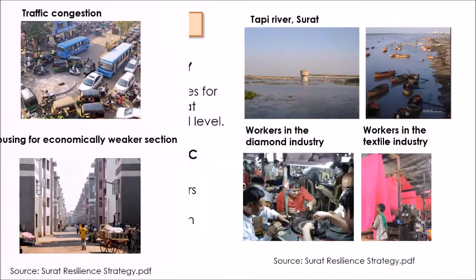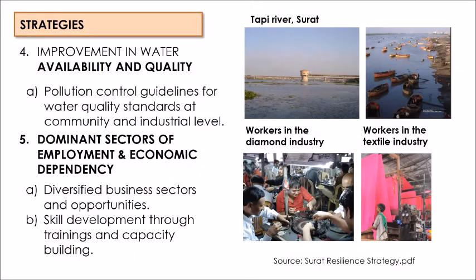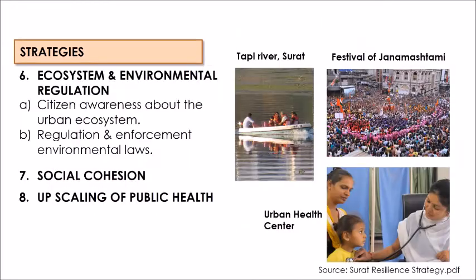The strategies also included improvement in water availability and quality, pollution control guidelines, diversified business sectors and opportunities, and skill development through trainings and capacity building. The other strategies pertain to ecosystem and environmental regulation, maintaining social cohesion, and upscaling of public health.